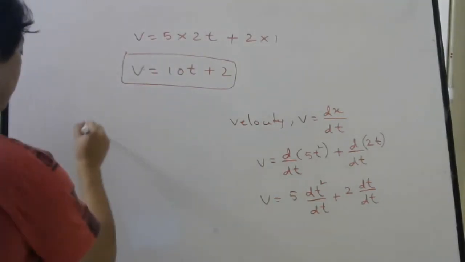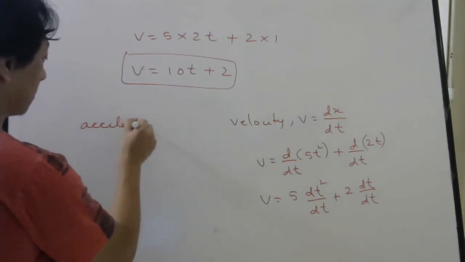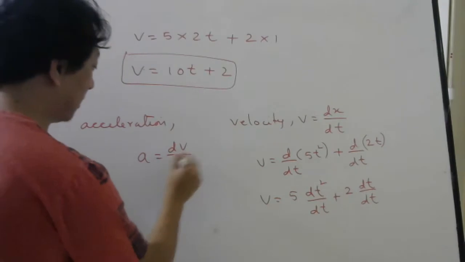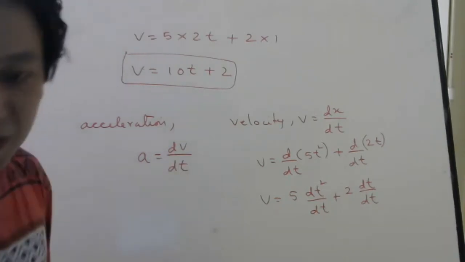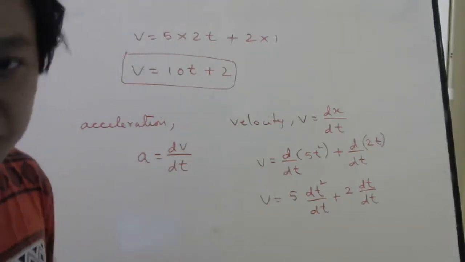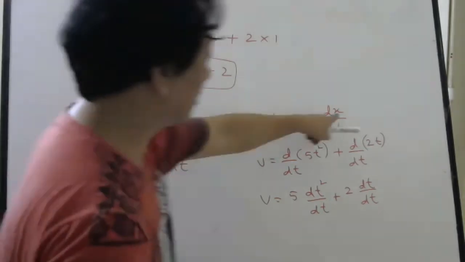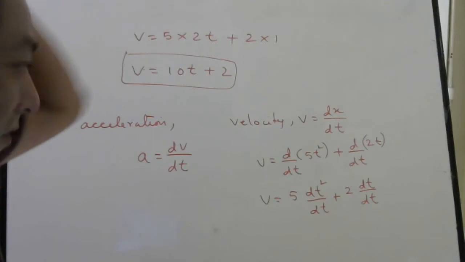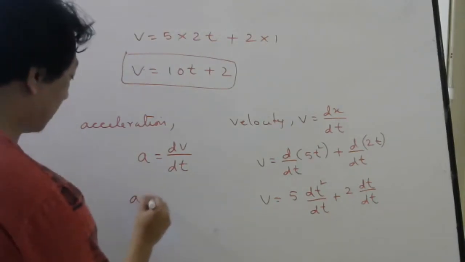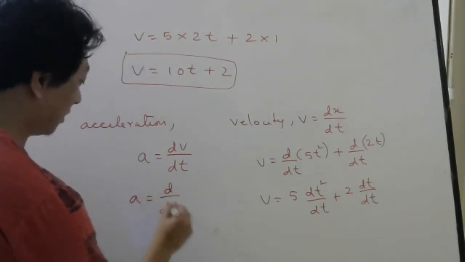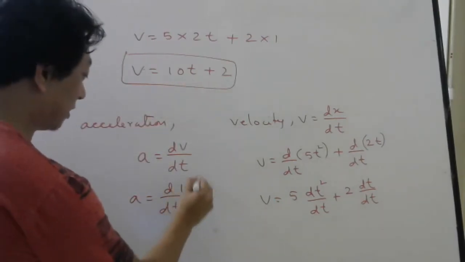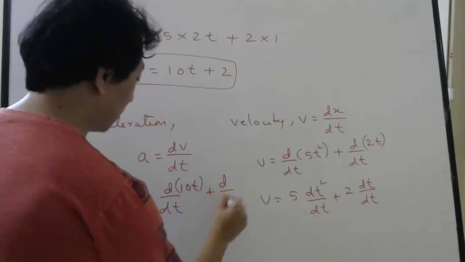Now acceleration, dv by dt. No need to use vectors as I told, because it is one dimensional motion. Only the x coordinate is changing. So it will be differentiation of, now velocity v also has 2 terms. First term is 10t, second term is 2.